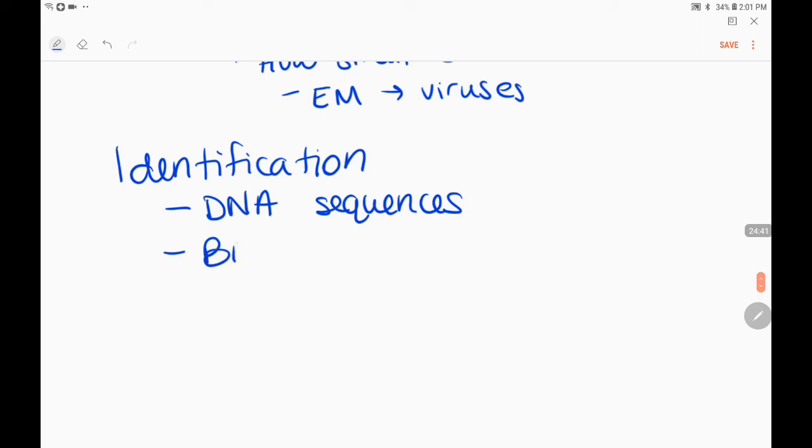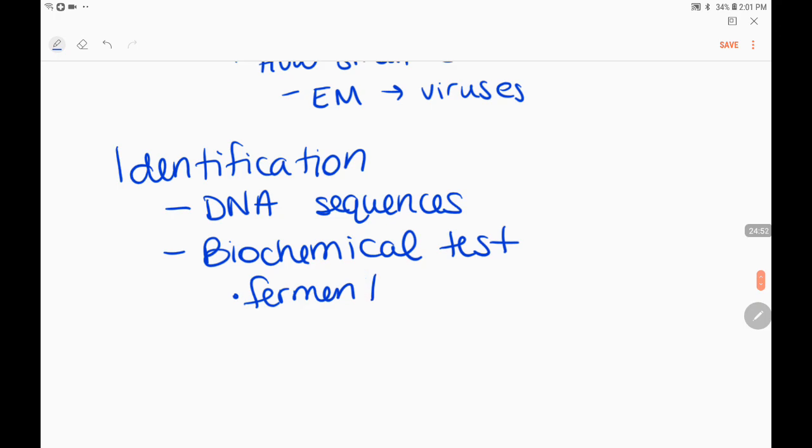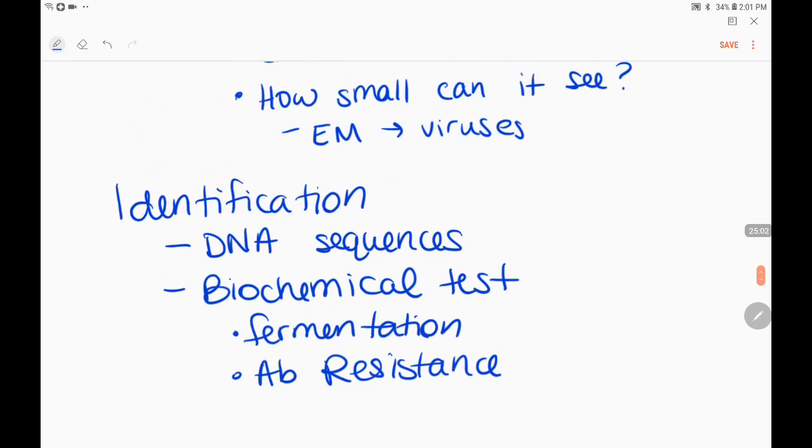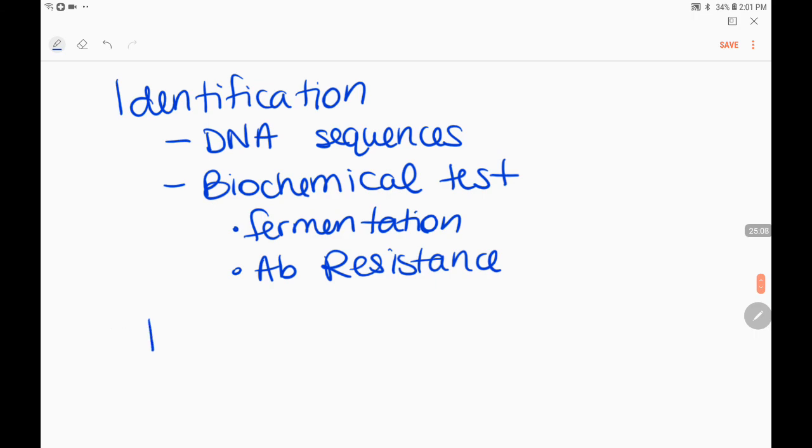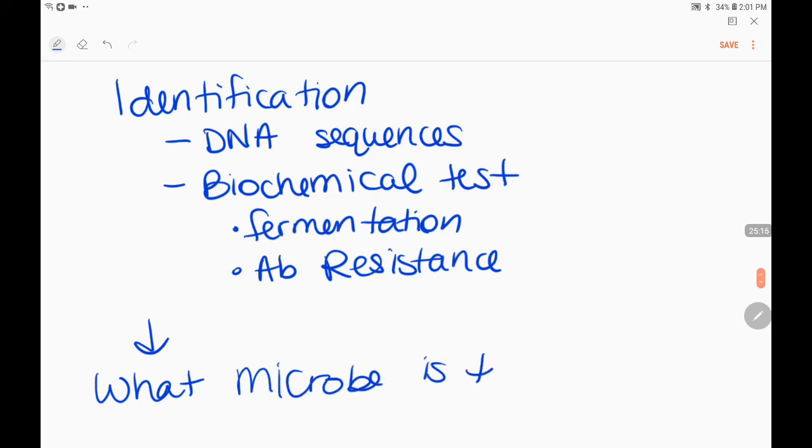We can do biochemical tests, some of which we will do in class, like fermentation tests and antibiotic resistance, and there are several others too. Those are our 5 I's to get to the final goal of what microbe this is, how it lives, and what it does.